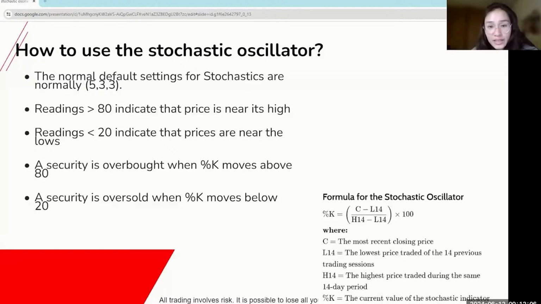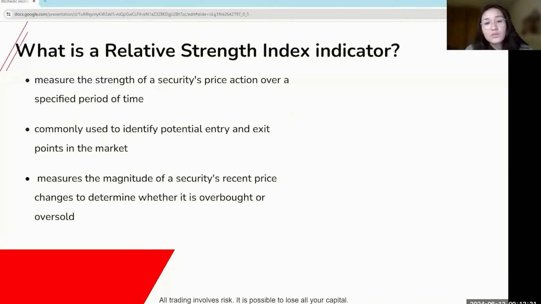It's also a lagging indicator, which means it relies on past price data and might not be so effective in predicting future price movements on its own. That's why we often use stochastic oscillators with other indicators or Fibonacci levels and so forth. About RSI, because these two we normally will use together.